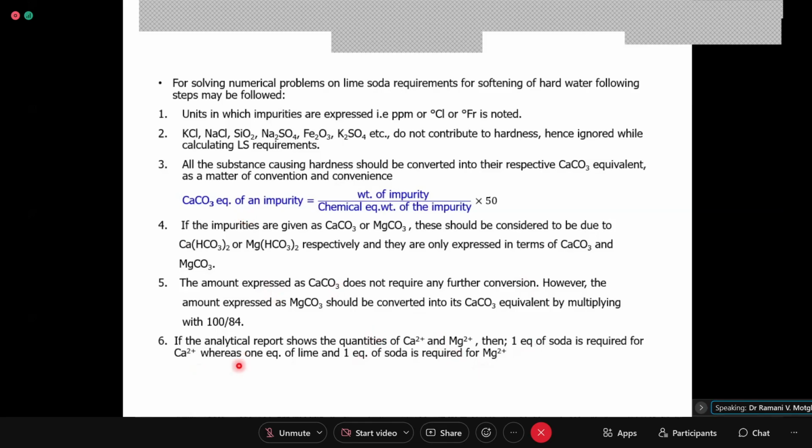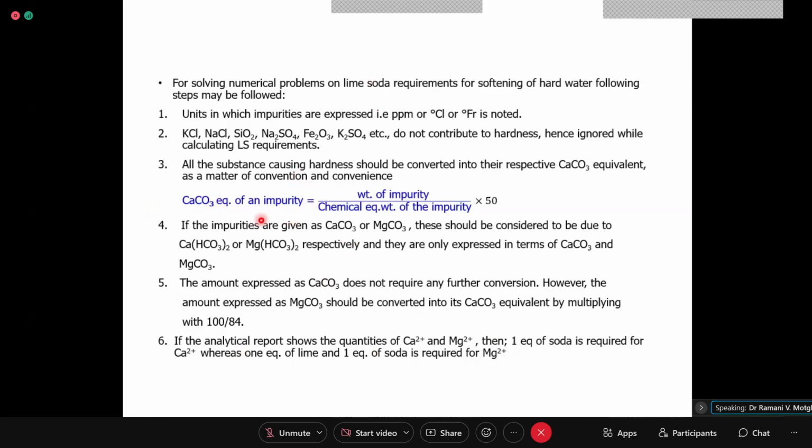Then, for calculating that, you need to convert the original or true weight of salt into the CaCO3 equivalent of the salt by multiplying it with a multiplication factor.